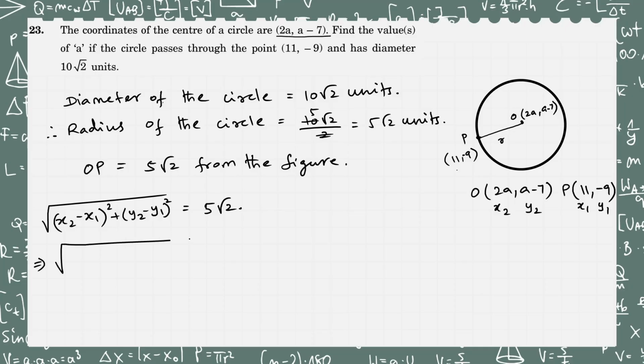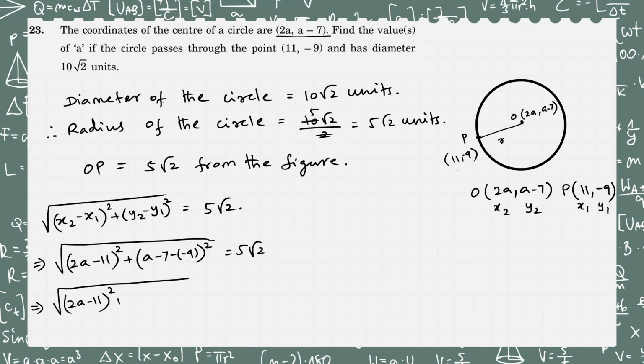That implies square root of (2a minus 11) whole square plus (a minus 7 minus of minus 9) whole square equals 5 root 2. So this implies square root of (2a minus 11) whole square plus (a minus 7 plus 9) whole square equals 5 root 2.